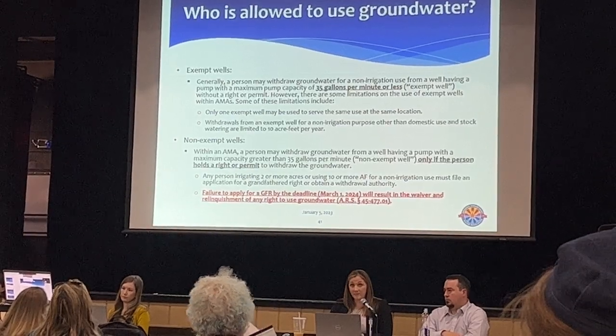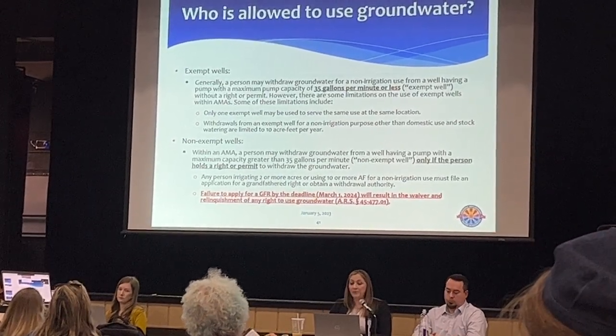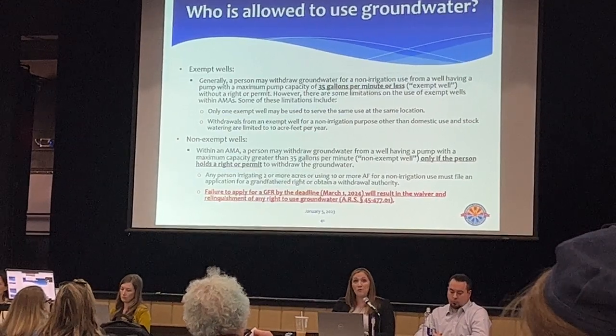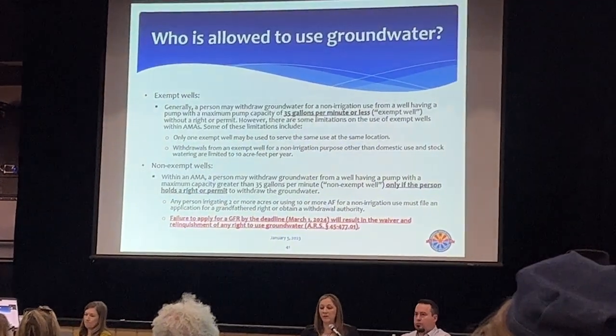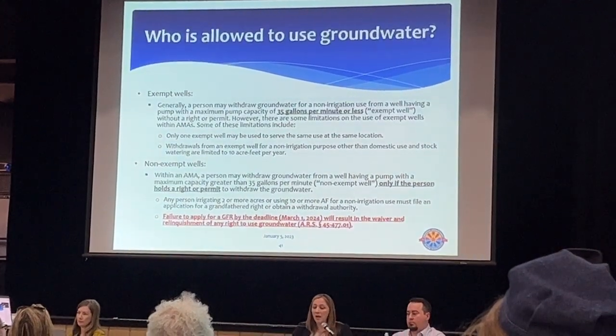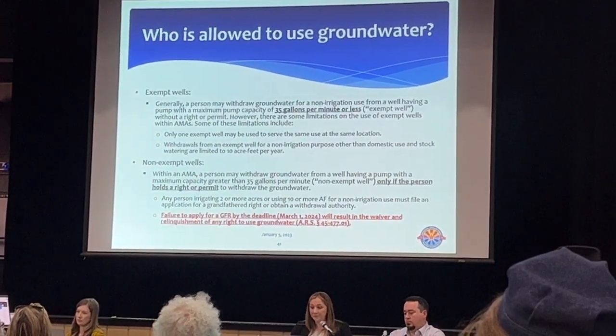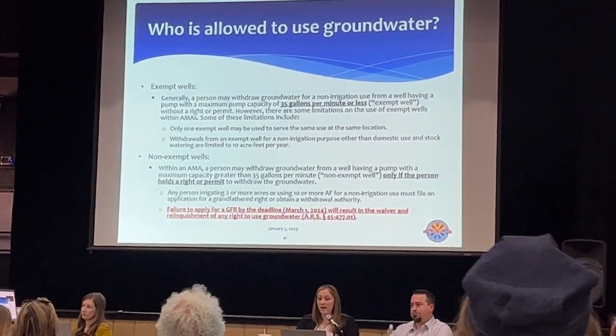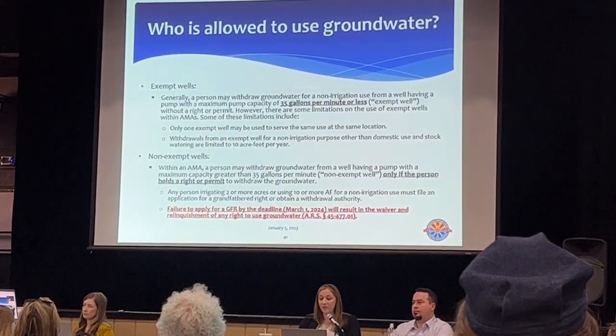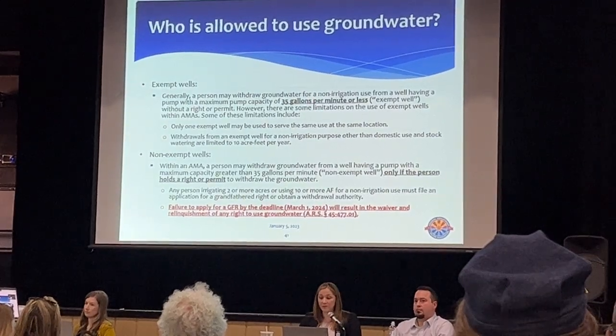For non-exempt wells, in order to withdraw water from a non-exempt well, you do need a groundwater authority or permit. So a person may withdraw groundwater from a non-exempt well only if the person holds a right or a permit to withdraw the groundwater.